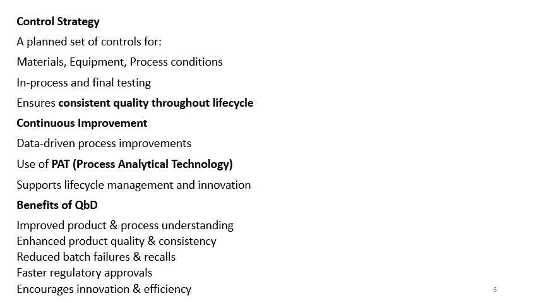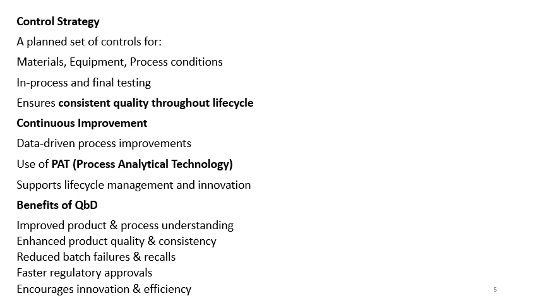Continuous improvement is process improvement which is based on data. It uses techniques like PAT, process analytical technology. It supports life cycle management and innovation. These are the important points to be considered for QbD.